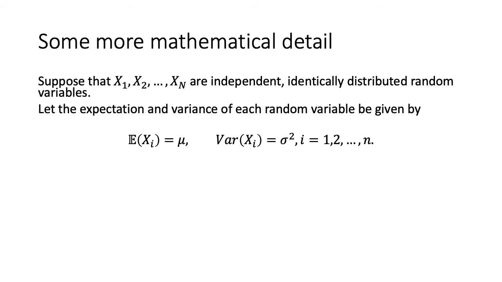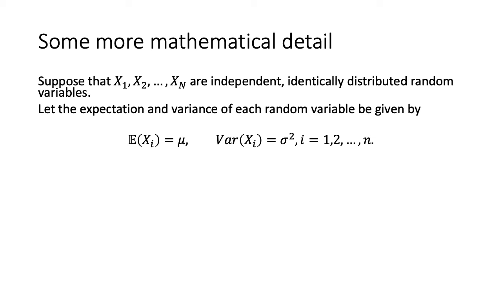So let's just consider a little bit more of the mathematical detail behind what's going on here. So I'm going to use capital X1, X2, all the way up to Xn to represent random variables. And suppose that our set of n random variables are independent and identically distributed.